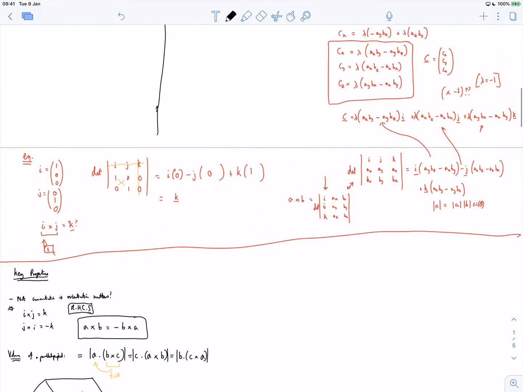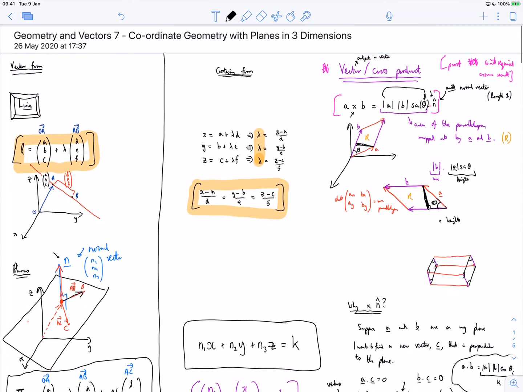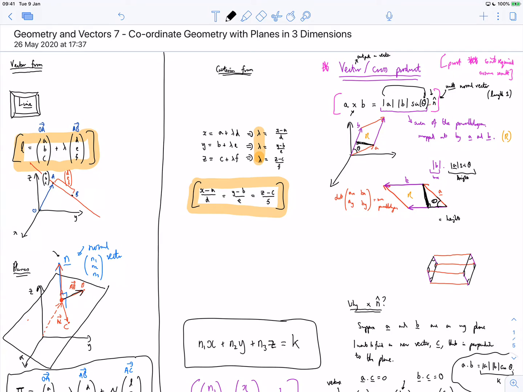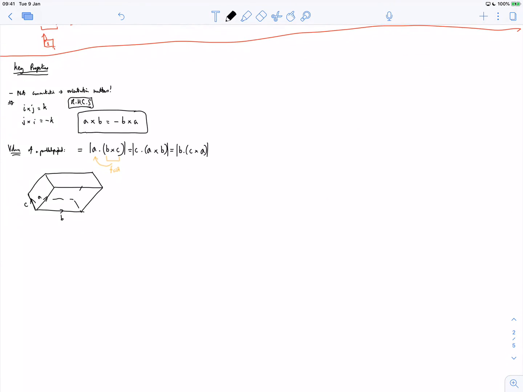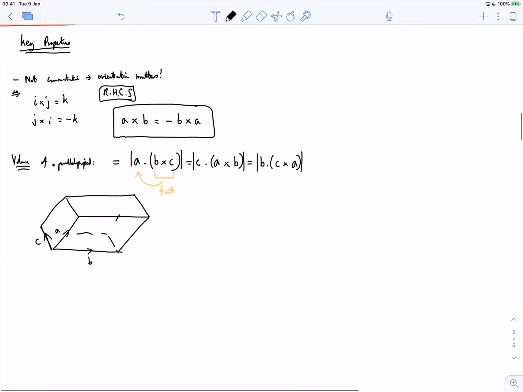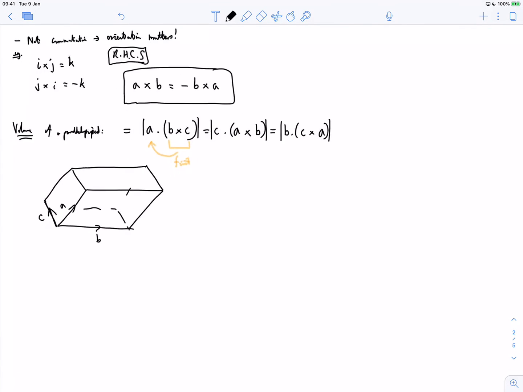Now there's various other things with the vector and cross product. I could tell you the angle, the shortest distance between 2 lines. I could tell you the angle that 2 planes meet, and so on. Honestly, that is such a bunch of stuff that you don't necessarily need to memorize.